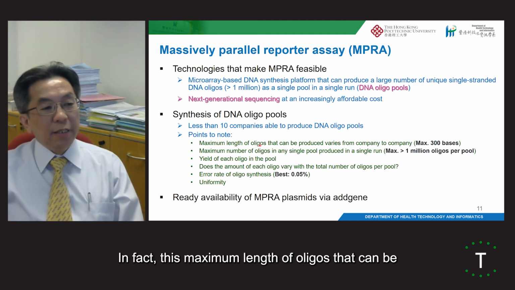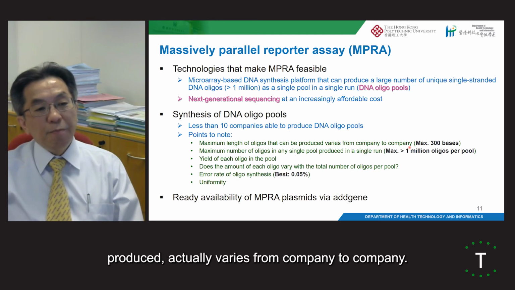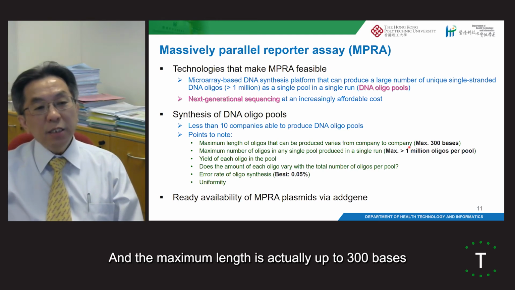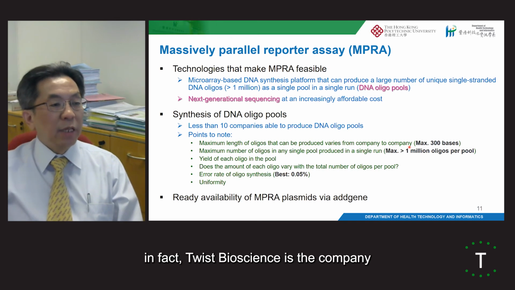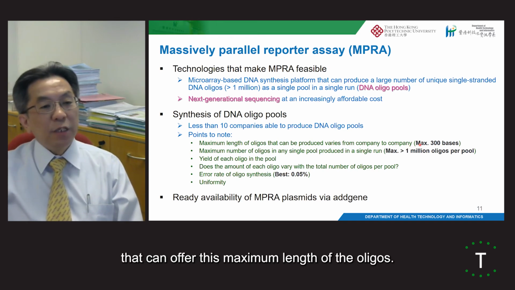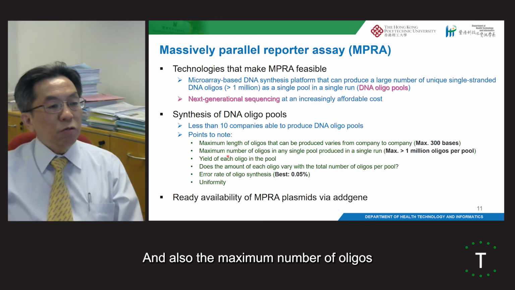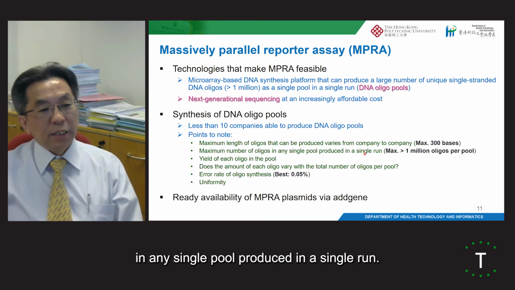This maximum length actually varies from company to company, and it is up to 300 bases. And also the maximum number of oligos in any single pool produced in a single run.